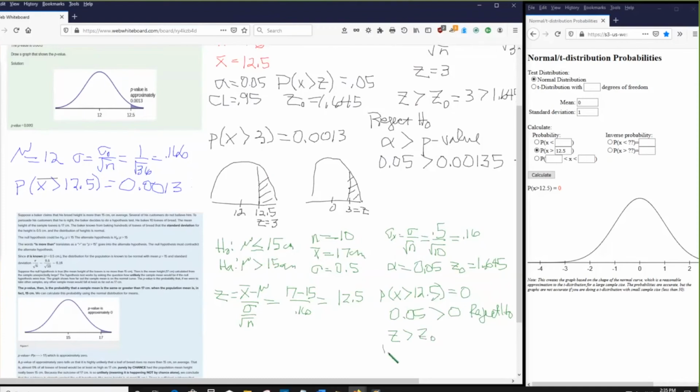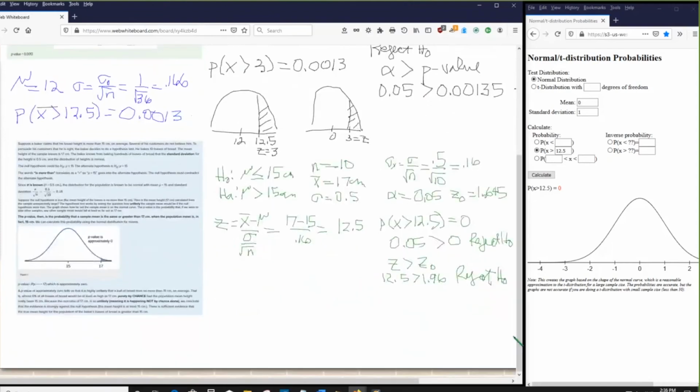We can also do our test with the z-scores. 12.5 is much greater than 1.96, so that would also tell us to reject our null hypothesis. And we can also compare the graph like we did before.